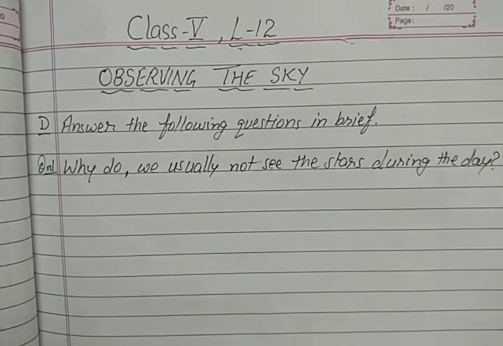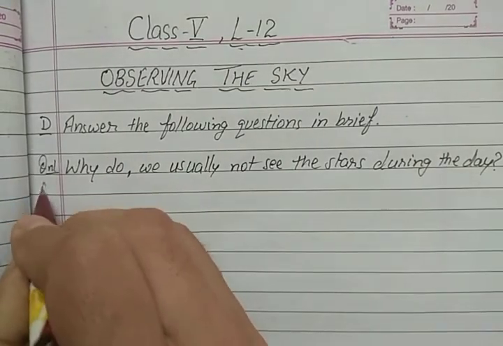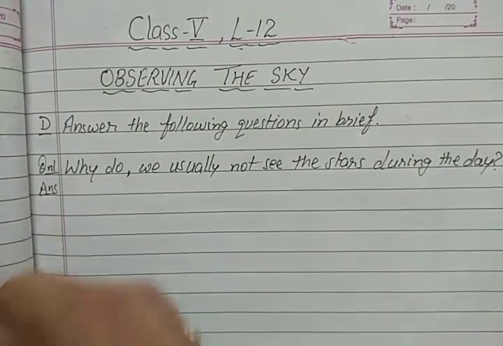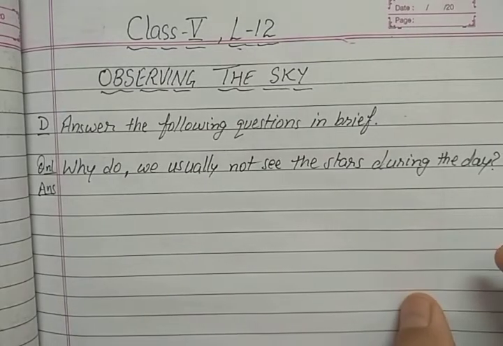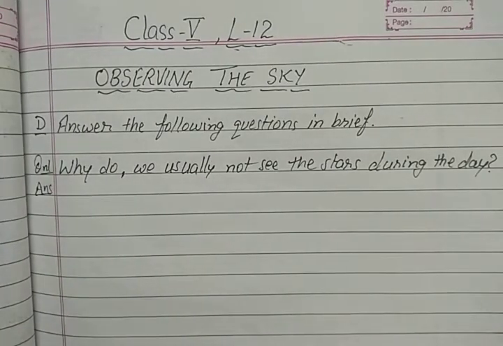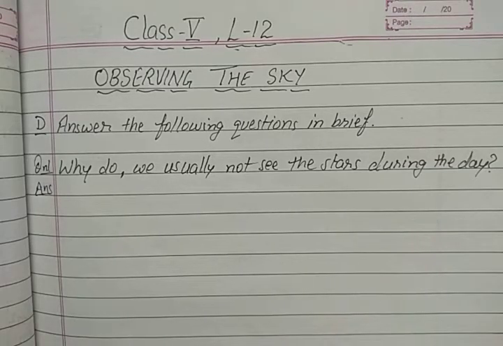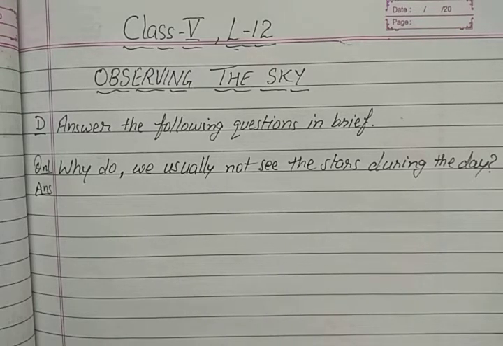So we know that stars अपनी जगह पर ही होते हैं during the day time, but they are not visible. वो होते वहीं पर हैं but they are not visible. Why? Because of the sun's brightness. सन की ब्राइटनेस इतनी ज्यादा होती है कि जो स्टार्स हैं वो वैसे भी हमको पॉइंट की तरह लगते हैं, डॉट की तरह. So वो हमको उसकी ब्राइटनेस की वजह से नजर नहीं आते.